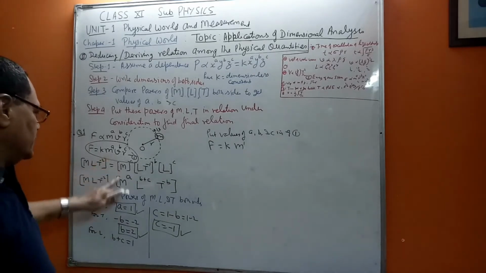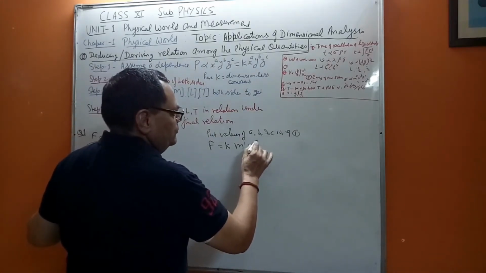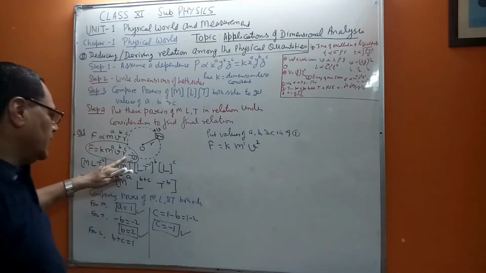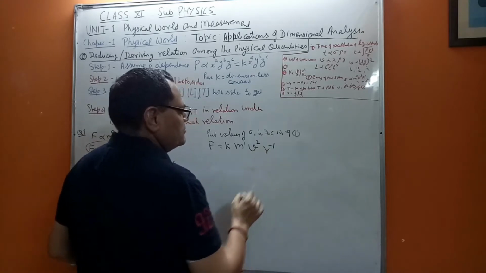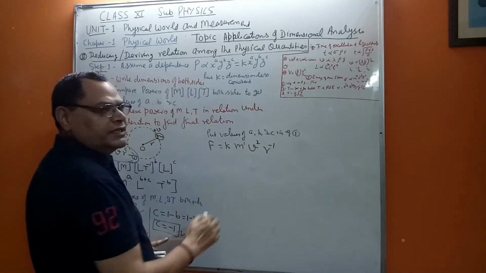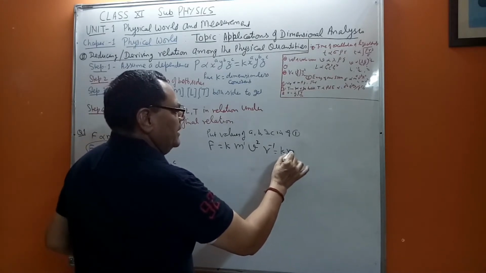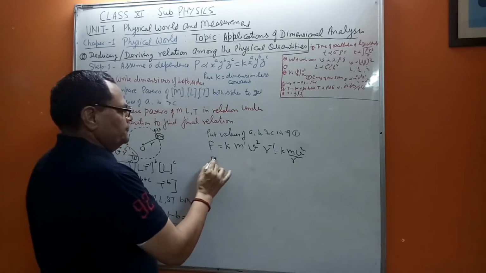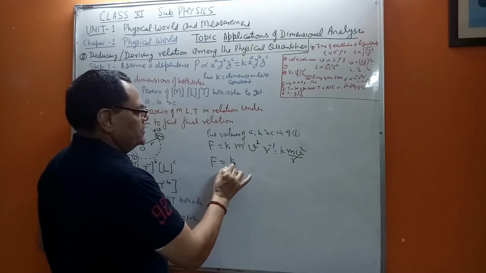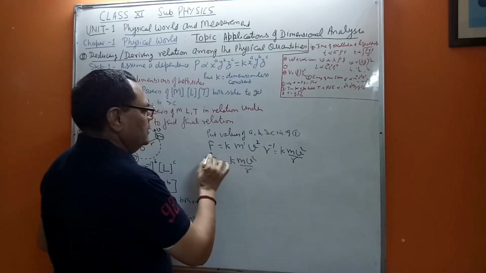And V, velocity raised to power b, where b value is 2. And then r raised to c, c is minus 1. Minus 1 power means you can take it in the denominator. So you may have K M V square upon r. Therefore this is the final relation, K M V square upon r.